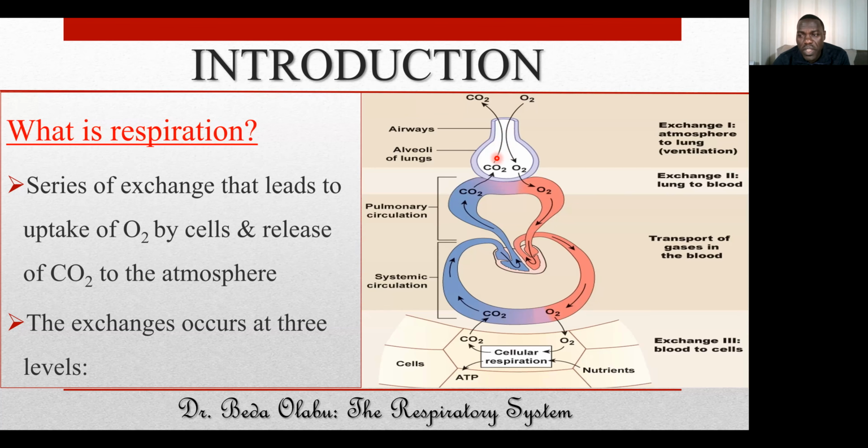The second level of exchange is the exchange between the lungs and the bloodstream. This exchange occurs in the pulmonary circulation. The key function of the pulmonary circulation is to dispose of carbon dioxide to the alveoli, but also to load oxygen into the bloodstream.